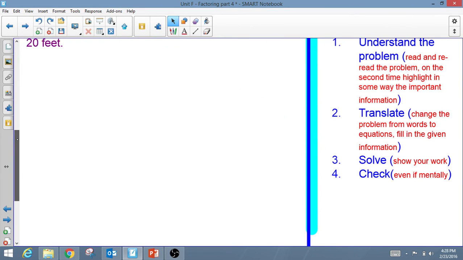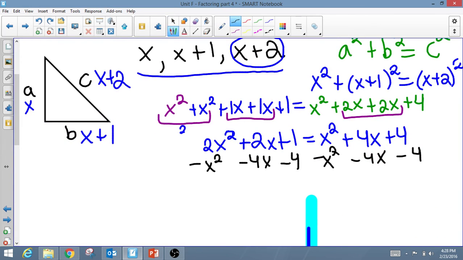Sorry about that. So now we have, this will cancel, this and this. So we have a 0 over here. This will make x squared. These will make negative 2x, and these will make negative 3.